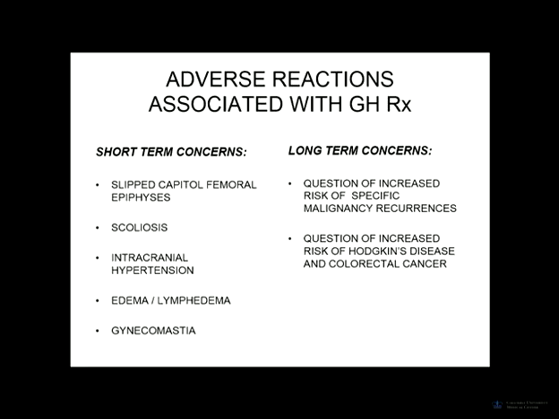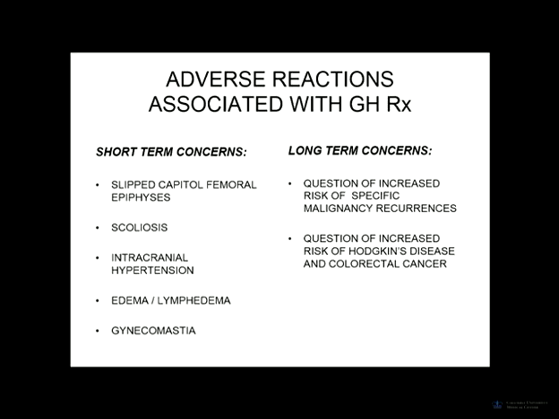If I'm giving a child growth hormone, I'm replacing his endogenous growth hormone. But there are some adverse reactions that infrequently occur, and they include slipped capital femoral epiphysis, more common in overweight teenage boys, scoliosis, intracranial hypertension, edema, lymphedema, more common in kids with Turner syndrome, and gynecomastia, which is rare.